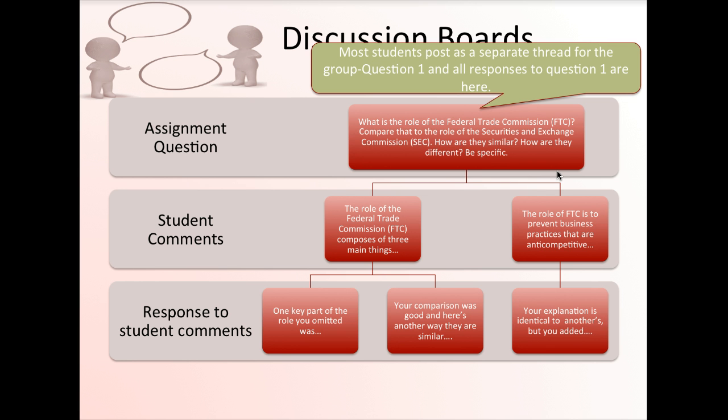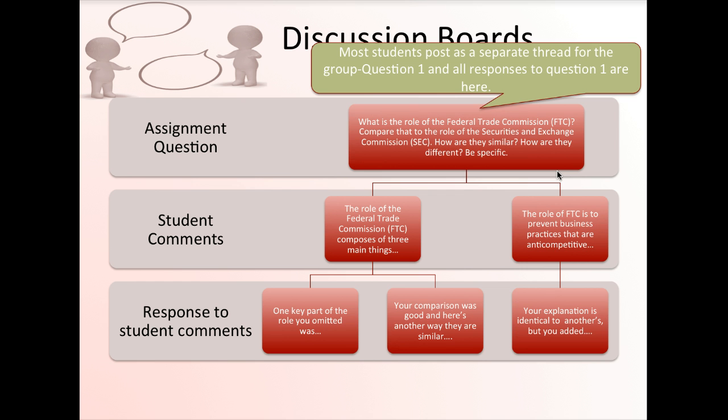What is confusing is if someone posts a thread question 1 and there are a couple of responses, and someone else comes on there, doesn't look, and posts a new thread called question 1, and then posts comments, and then some others respond. It's confusing and unclear. Whereas if you post them all in a group under question 1, then it's easier to follow it.